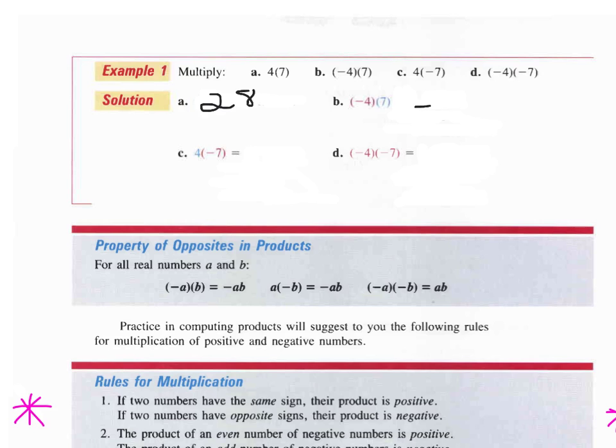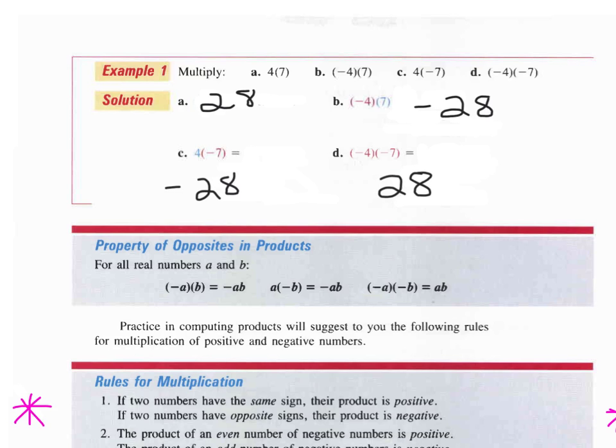Again, we're still multiplying the same numbers, so it's -28. Now, they flipped the sign, so now it's +4 times -7, and it's still -28. And then the last example is a negative times a negative, and that gives me a positive.